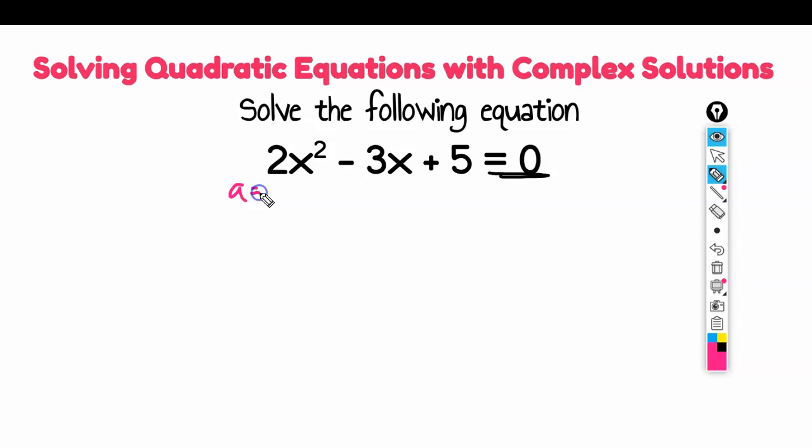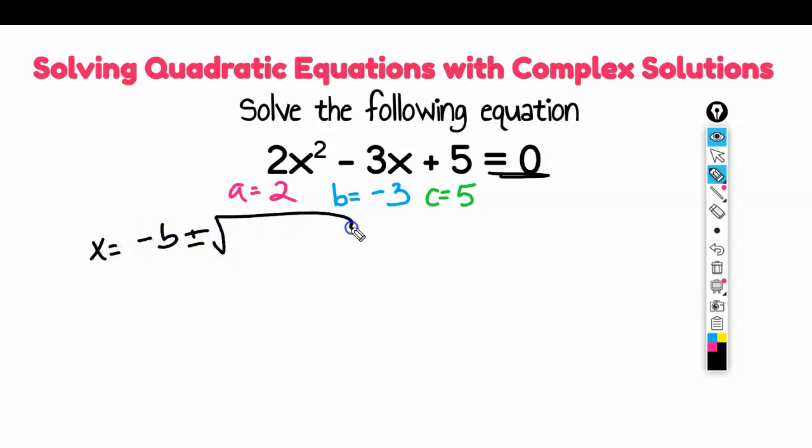I can identify a, which is 2, b, which is -3, and then c, which is 5. And then I can use my quadratic formula. So x equals -b plus or minus the square root of b squared minus 4ac over 2a.